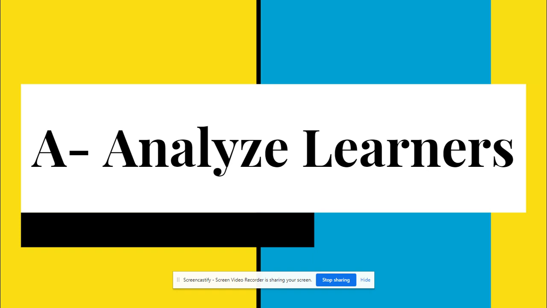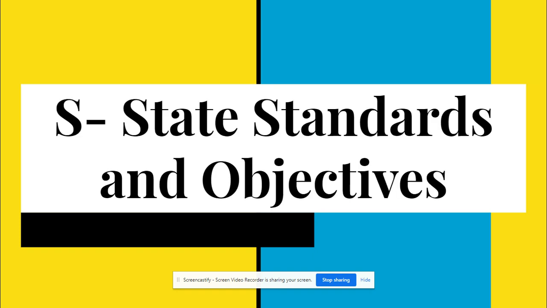So they're state tested in the four core areas. So analyzing my learners by knowing their grade level, by identifying the type of students that I'm going to have in my class, knowing which students are going to need more attention than others. Now, and knowing my student demographic.